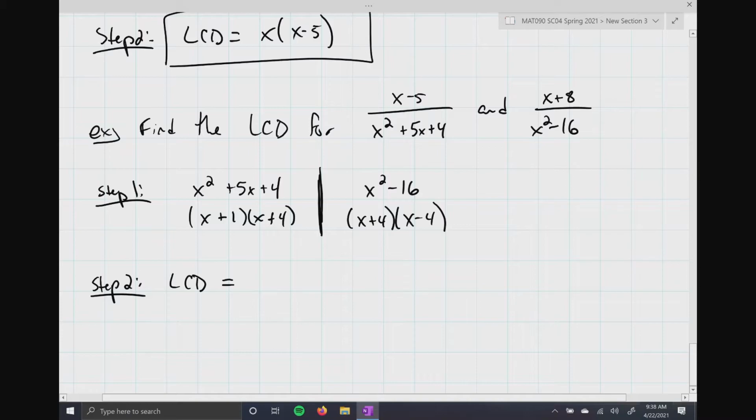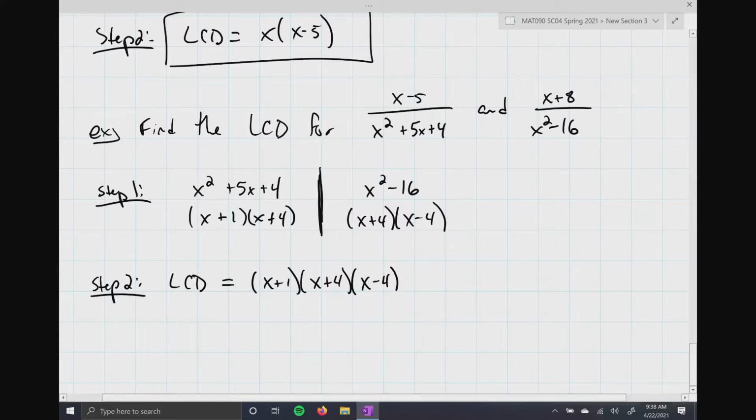So, I got an x plus 1. Both denominators contain an x plus 4. And I have an x minus 4. Now, I don't have to write x plus 4 twice because it's unique factors.